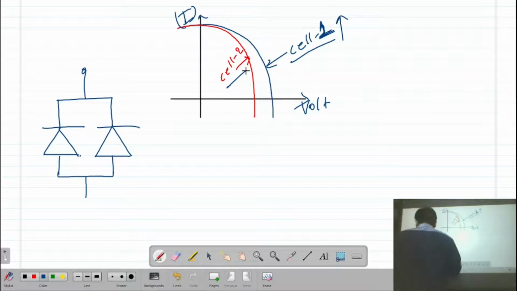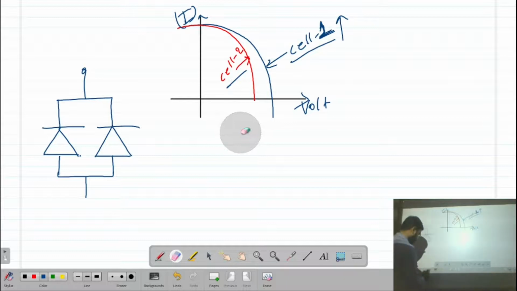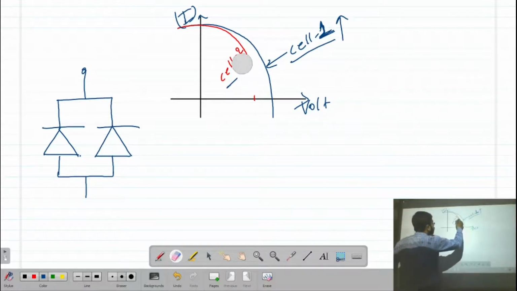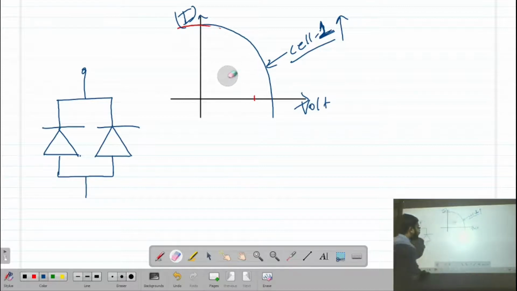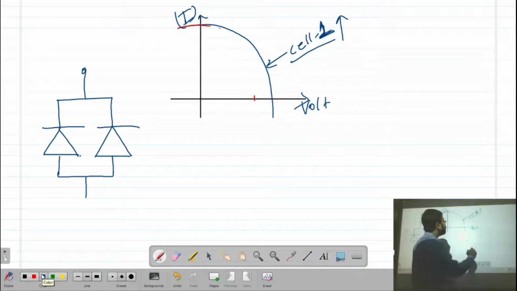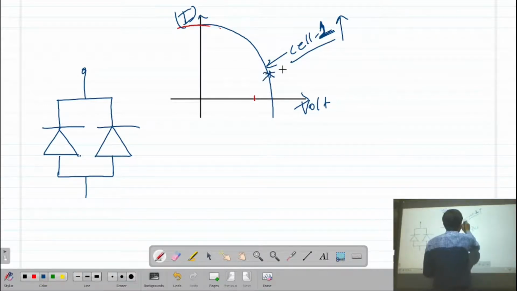Now, as both the cells are connected in parallel, they will have their operating point, let us say over here, and we can extend that like this.